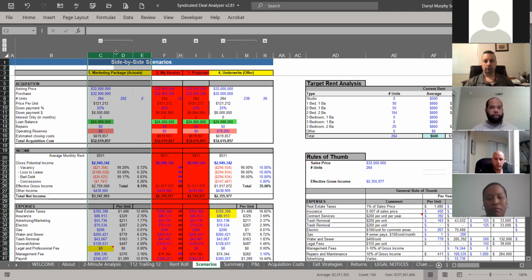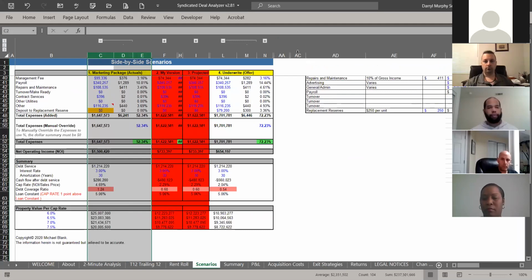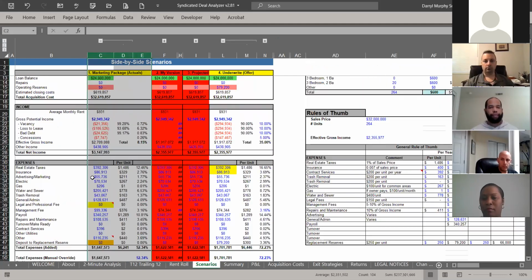They are the numbers that you will put into your, whether it says marketing package or whether it says actuals, your form may be different than my form. Your analysis may be different than my analysis form. So whatever the name is that's on your analysis form, you will put your actual numbers there. Okay, and then you will do your underwrite.